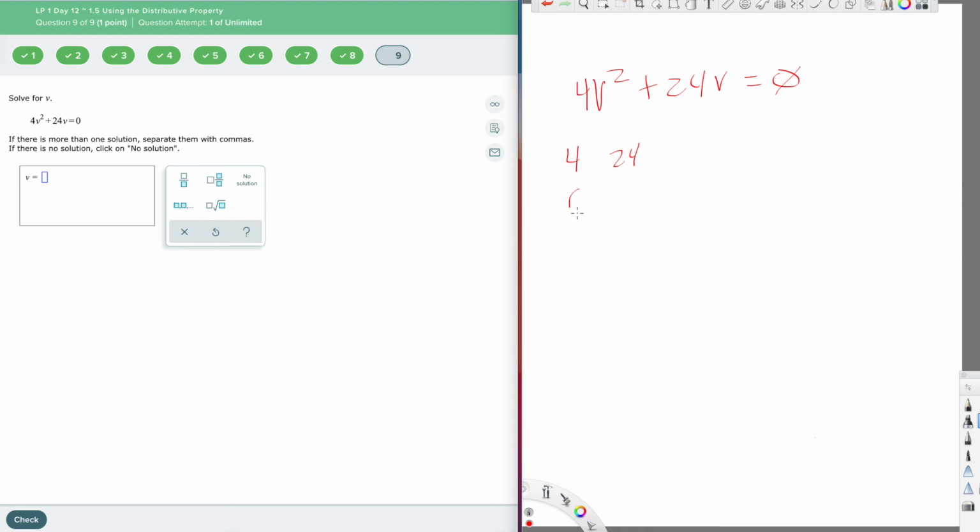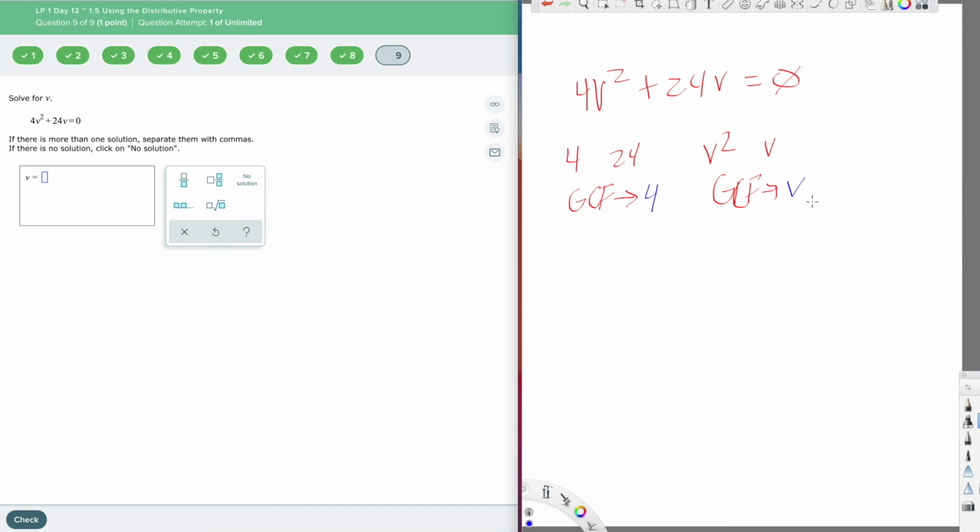So the GCF, getting to the end of the video, getting a little silly here. GCF of 4 and 24 would be 4. And then the GCF, we have v squared and v, so the GCF of that, remember, is just the smallest that I can take, or it's the most that I can take from either. The most I can take is the smallest, so v.